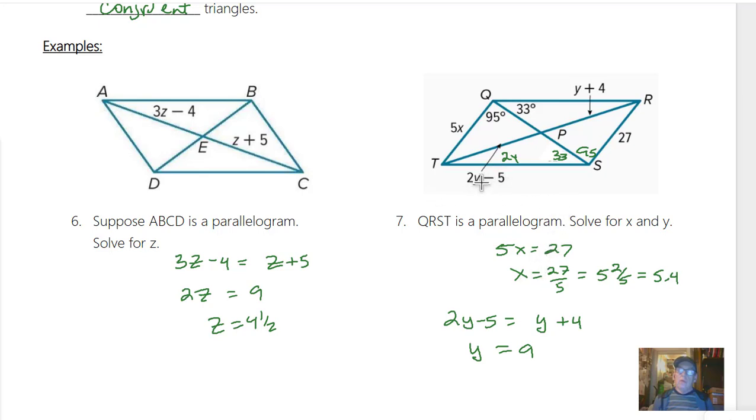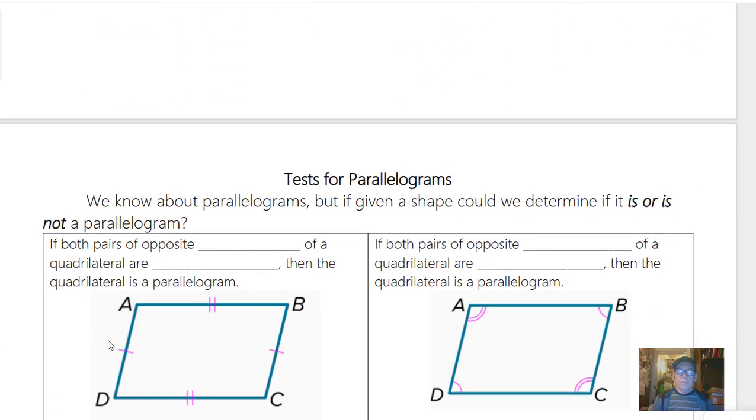Does that work? 2y minus 5, 18 take away 5 is 13. And 9 plus 4 also gives me 13. So y is 9 and x is 5.4. Let's move on.